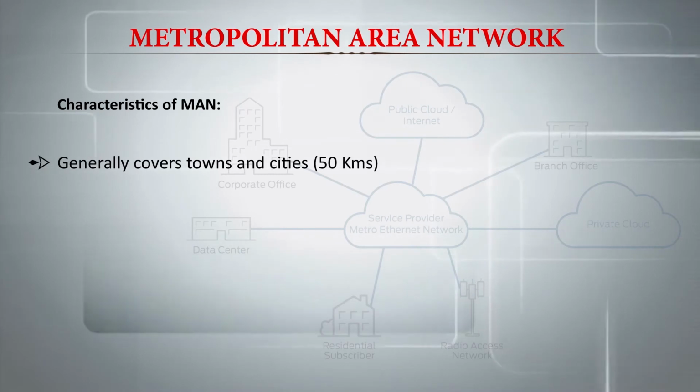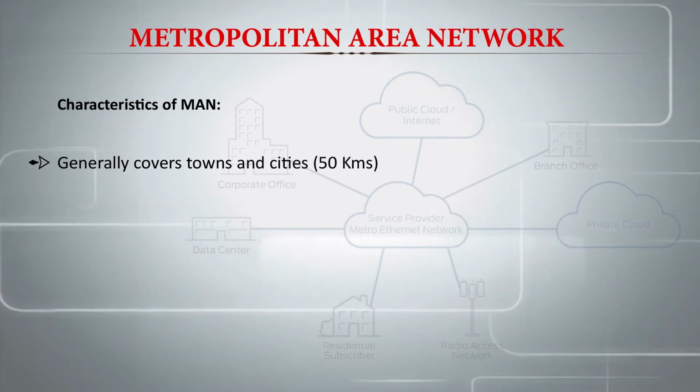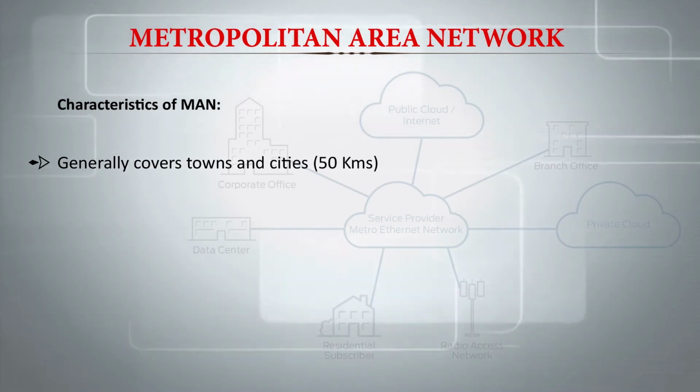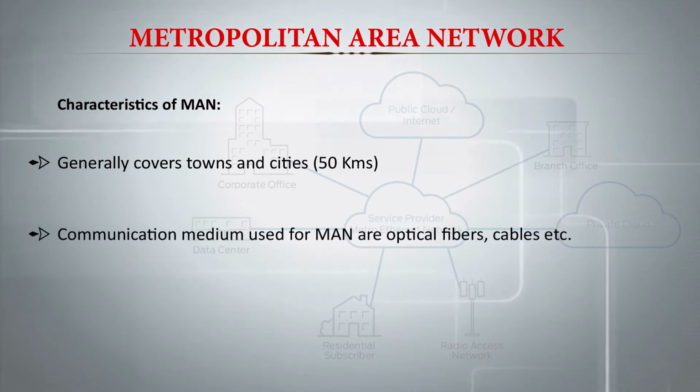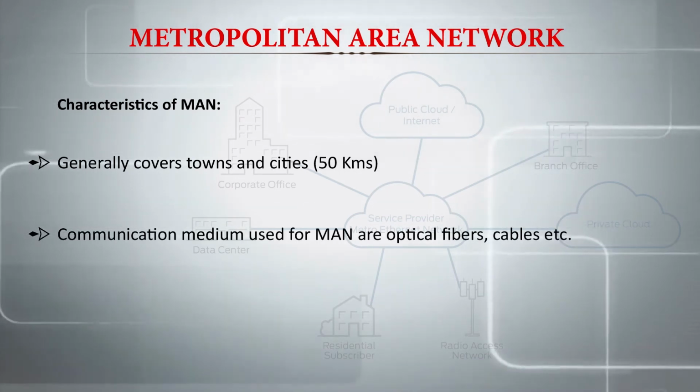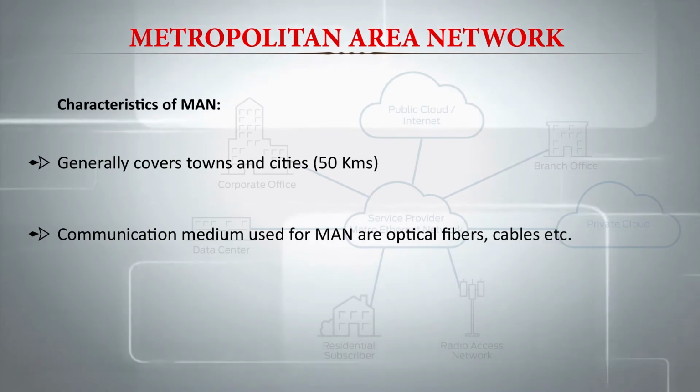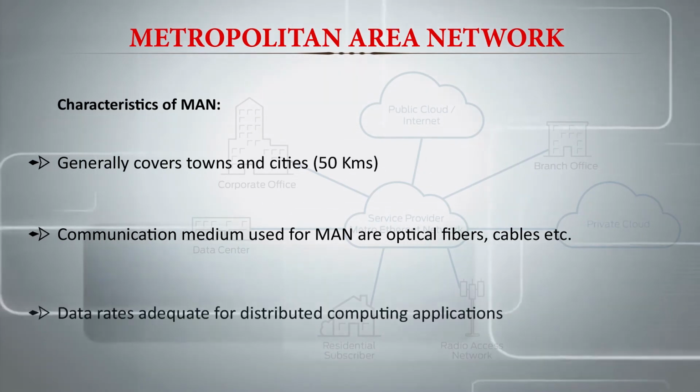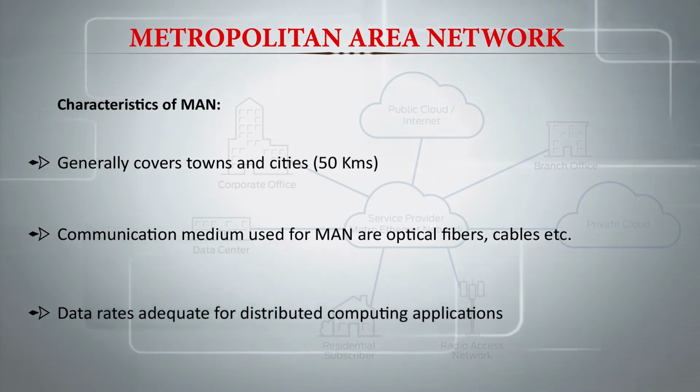It generally covers towns and cities, covering around 50 kilometers. Communication media used for metropolitan area networks are optical fibers, cables, etc. Data rates are adequate for distributed computing applications. So you can also have this kind of application in a metropolitan area network environment.